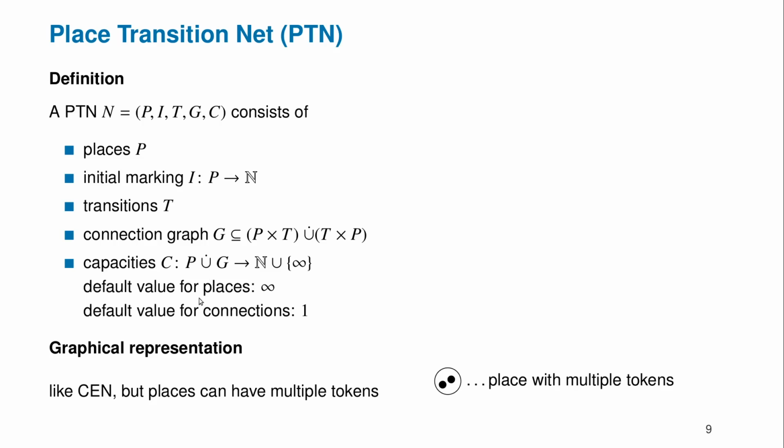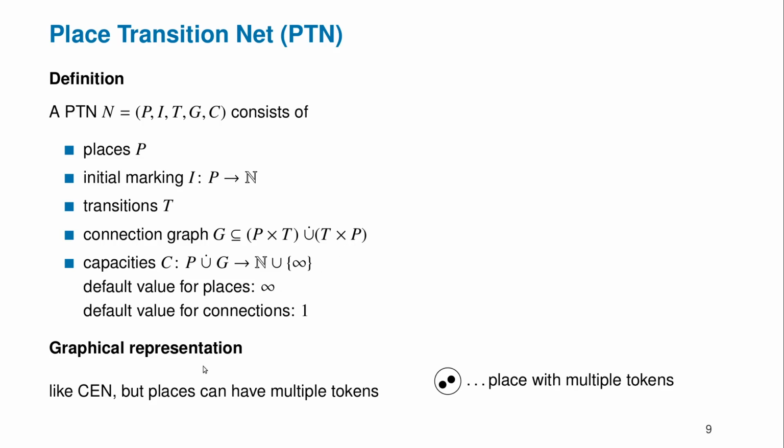If we do not give any value for the connections, then we assume their capacity is 1. Note that the value can be specified for connections which go from a place to a transition, as well as for connections which go from a transition to a place. And that's basically the difference.